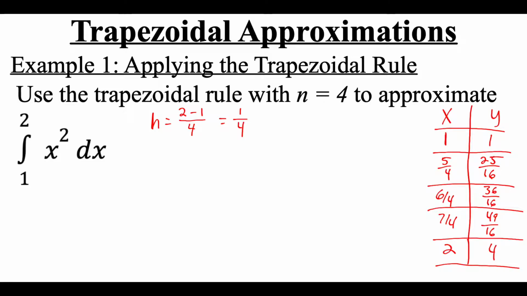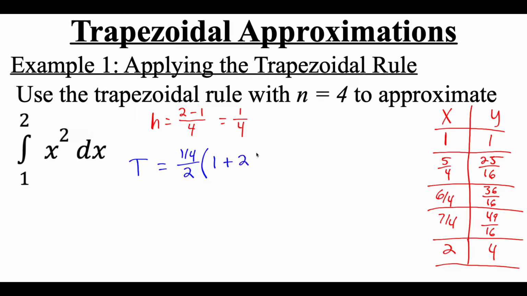Now, using our actual trapezoidal rule formula, this says T equals, we want to take that h value, that 1/4 that we got, and we're going to divide that by 2. And then what we're going to do is a bunch of adding with these y values. So we take the first y value, which was just 1, but then we add on. Now, with these middle y values, we need to multiply all of them by 2.